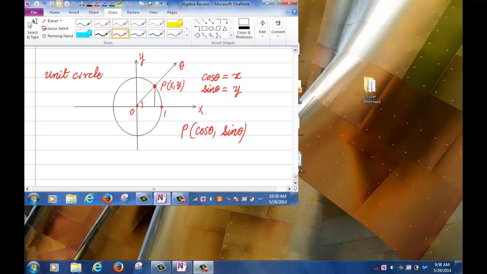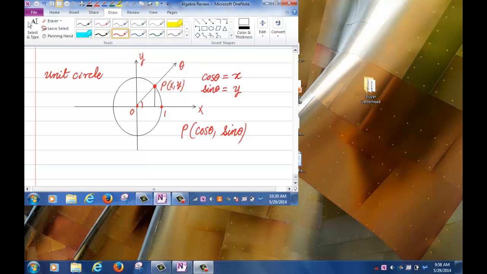What wouldn't change? Measures of the triangles. What do you mean by measures of the triangles? Yeah, but you see, you're going to divide. So what is sine of theta? Sine of theta would be the opposite over the hypotenuse, but the hypotenuse is always 1 here.